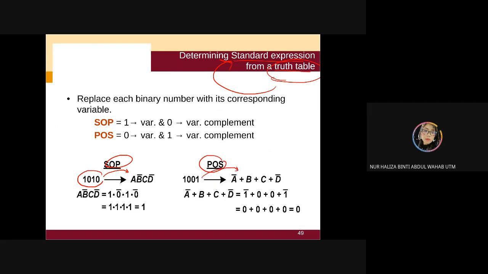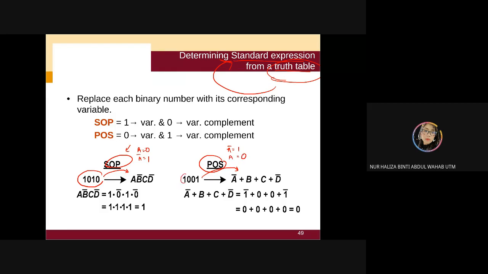So you need to remember the rules. For SOP, A equal to 0, A bar equal to 1. For POS, A bar equal to 1, A equal to 0.